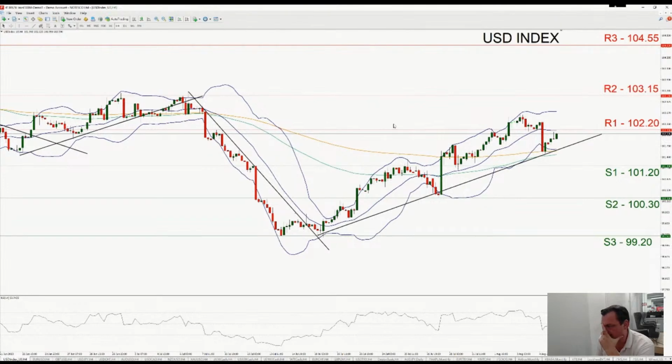Now we have to highlight here that the pair seems to maintain its upward motion. On the other hand, given the upward trend line, we have to note here that if that upward trend line were broken, that would force us to switch a bullish outlook in favor of a sideways movement initially. Mind you, the RSI indicator has risen back up, is just breaking the reading of 50.